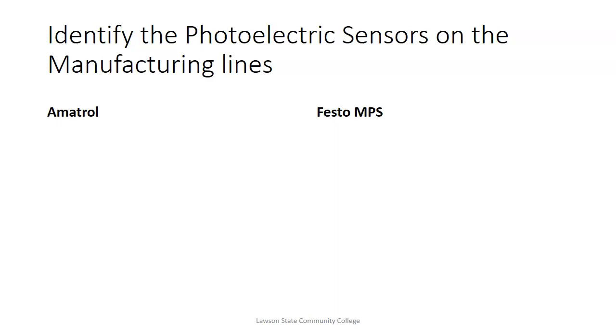On the Festo line, the optical sensors, the photoelectric sensors, are pretty obvious because they have fiber optic cables. In fact, the Festo uses plastic fiber to bring it up from the input. On the Amatrol line, the inductive sensors should take metal. The capacitive sensors, you should be able to take your finger and touch them.